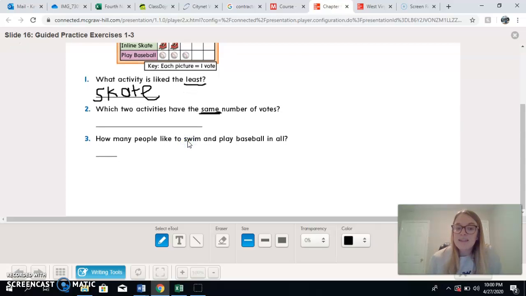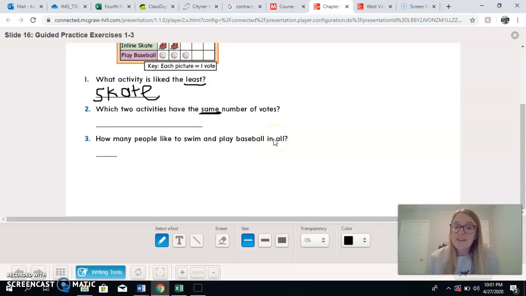For number 3, it says, how many people like to swim and play baseball in all? The main thing you guys need to focus on is it says and. Looks like my writing tool is not writing again. But where I'm pointing at, and is important because I know it's talking about more than one thing.